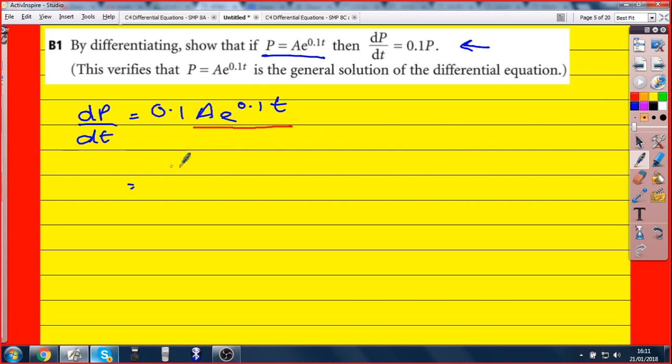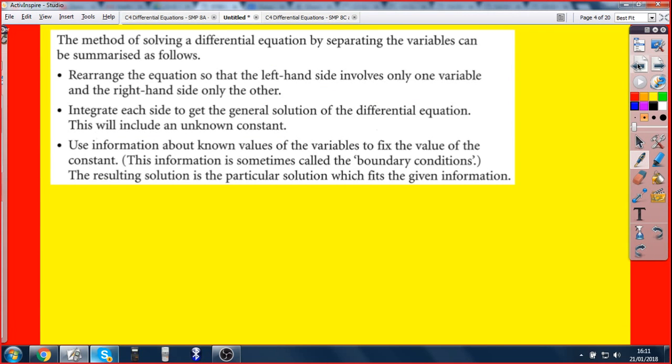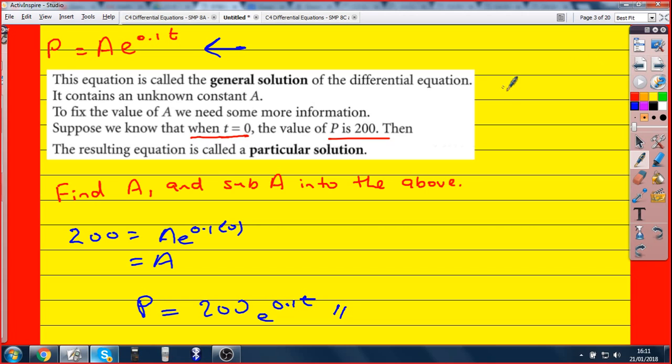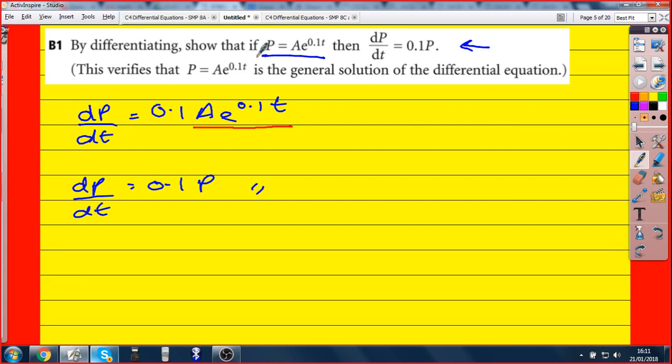So fairly straightforward. Any questions there? Okay, so first we integrated it to get the population growth in terms of time, and then we just did a little differentiation to check our answer.